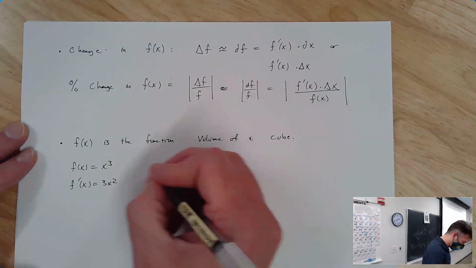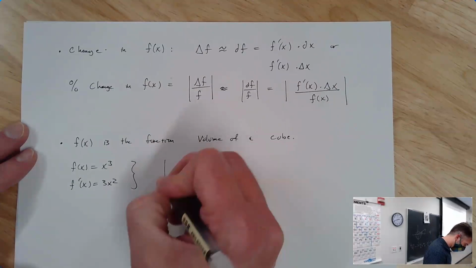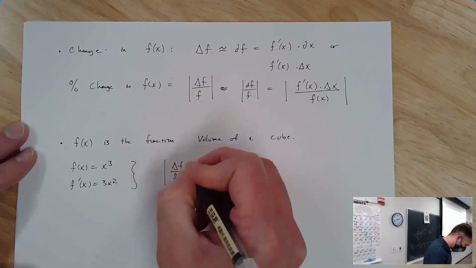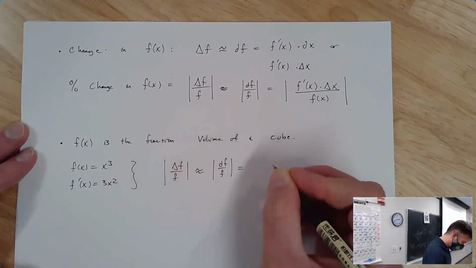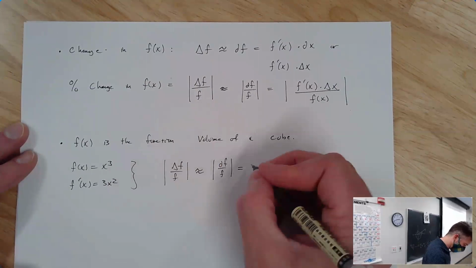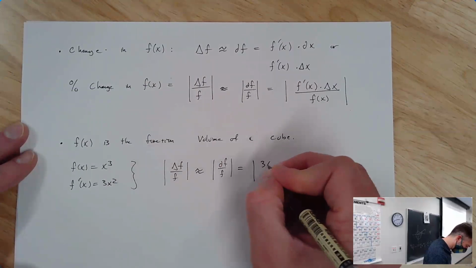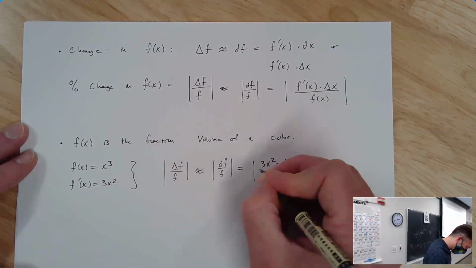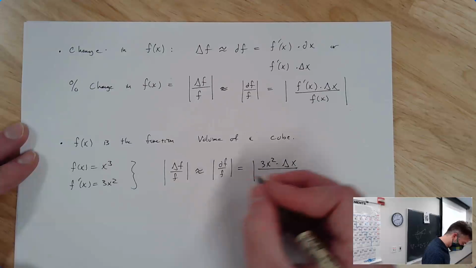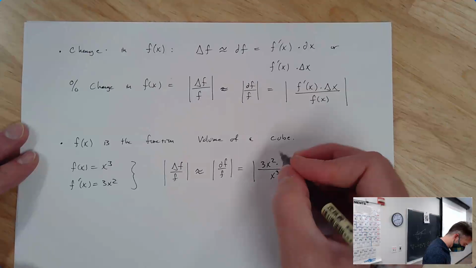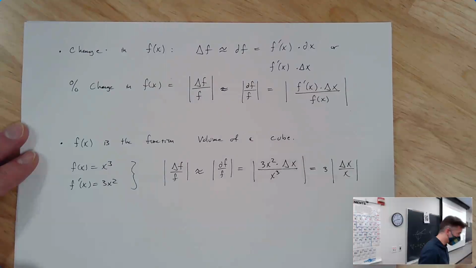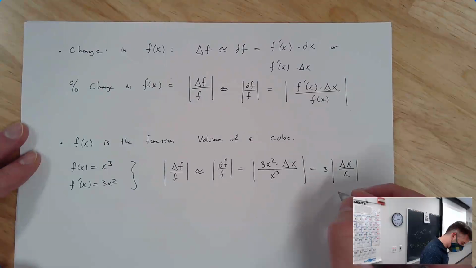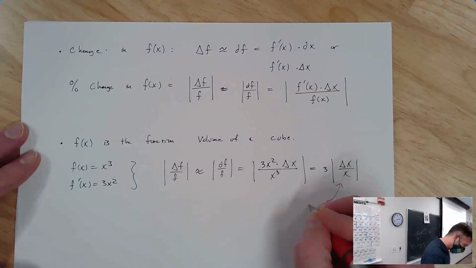The percentage change, delta f over f, which is approximately df over f, is 3x squared times delta x over x cubed. That's just 3 times delta x over x, and delta x over x is the percentage change in your input.